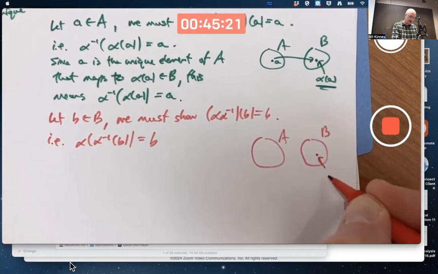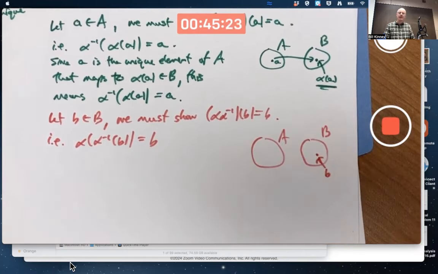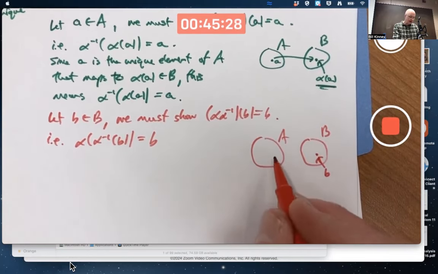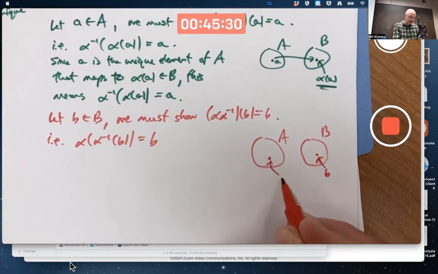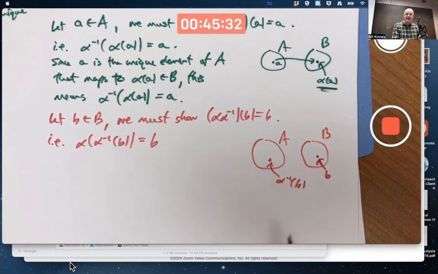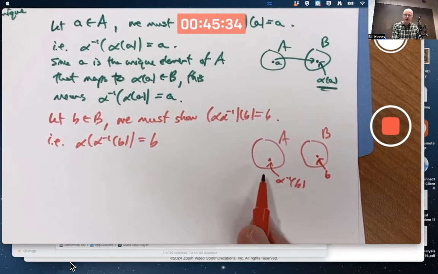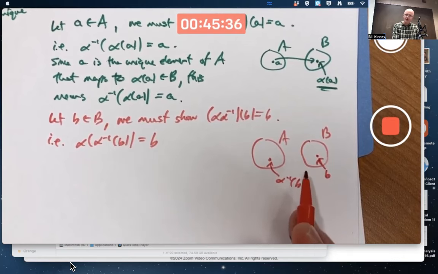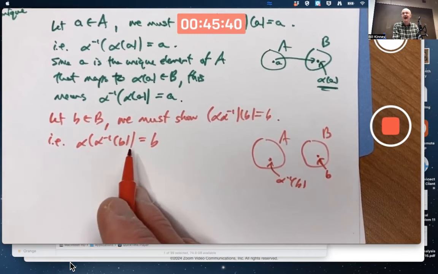Arbitrary element of B. We know by definition, alpha inverse of b is the unique element of capital A that gets mapped to b under alpha. That's what we want to show right there. Done.